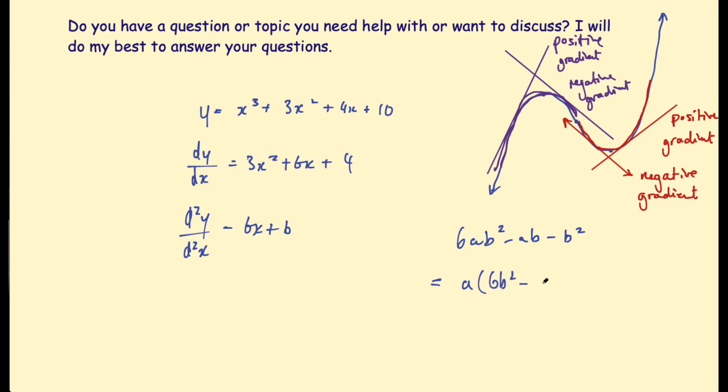A. A, B. No? Oh, there's no... oh, 6a squared.